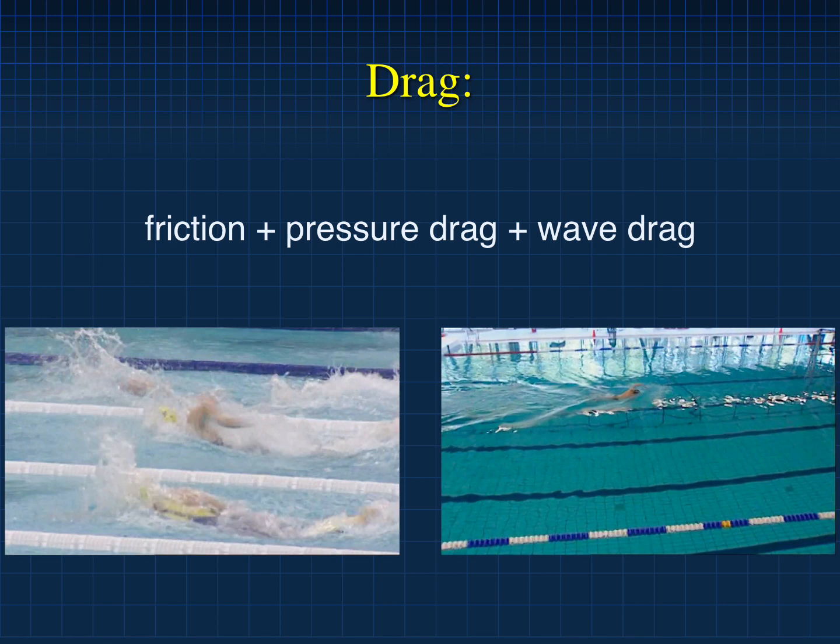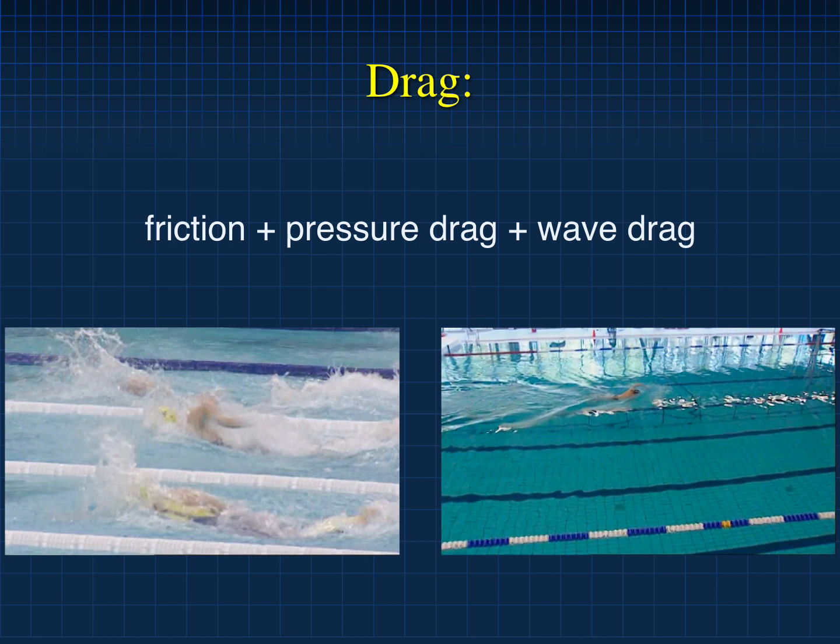If you look at this left video, you can see that wave making resistance may be very considerable. So it is very interesting to look at these different components and raise the question how large wave drag will be at maximal speed.